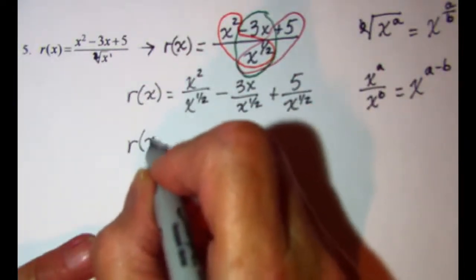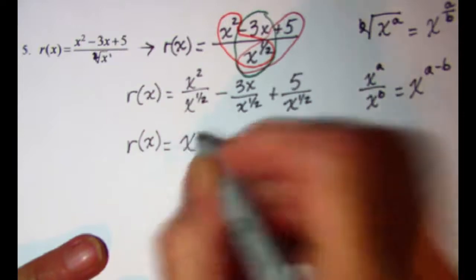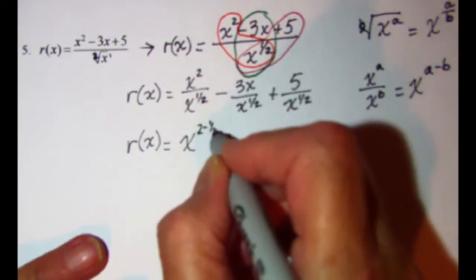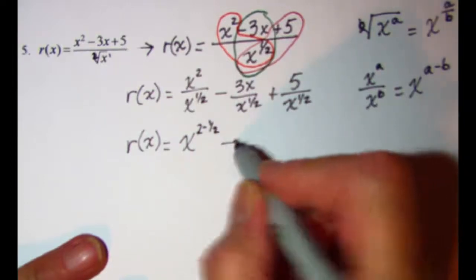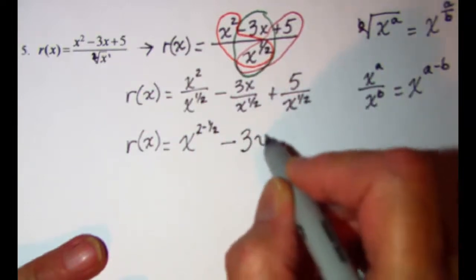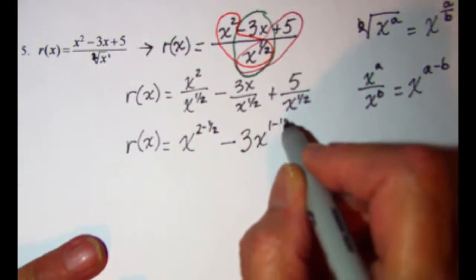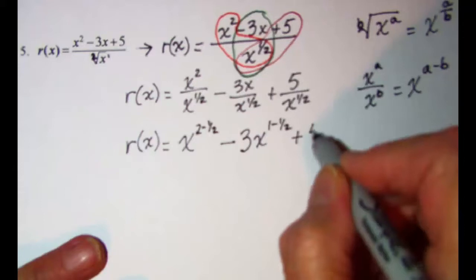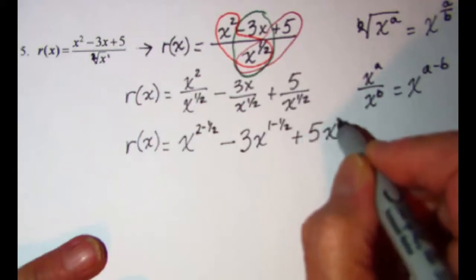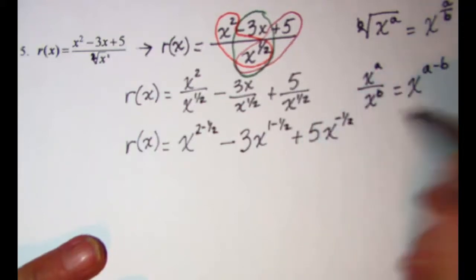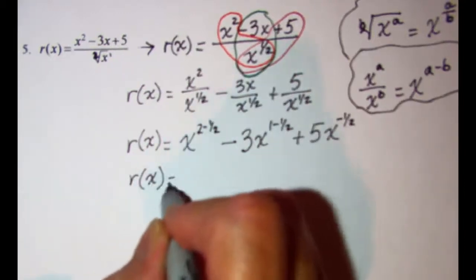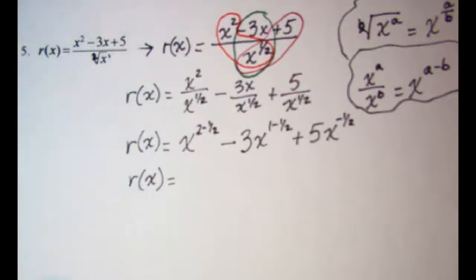My function now is x to the 2 subtract 1/2 minus 3 times x to the 1 subtract 1/2 plus 5 times x to the negative 1/2. So still writing my function in simpler terms so I can use my power rule.